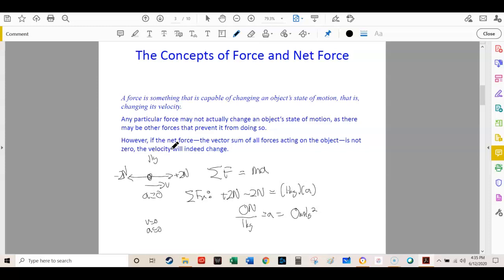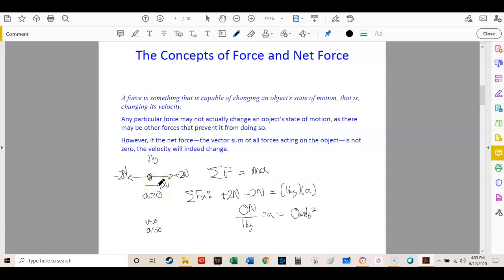It summed up to 0, right? So it was plus 5 newtons, minus 5 newtons, and it was a 1 kilogram spring scale. Well, that summed up to be 0, which means the object wasn't accelerating. So if the object was not moving at the time, then it would continue to not move. But if it was moving at the time, it would be moving at a constant velocity.